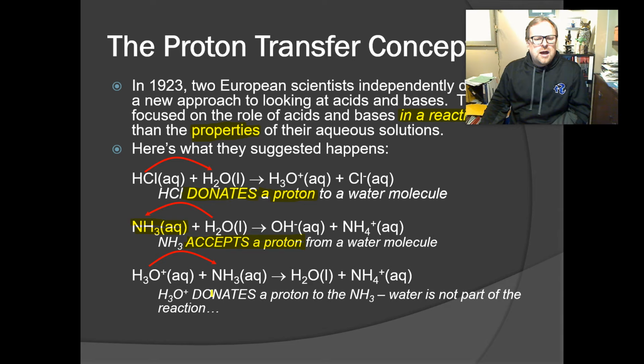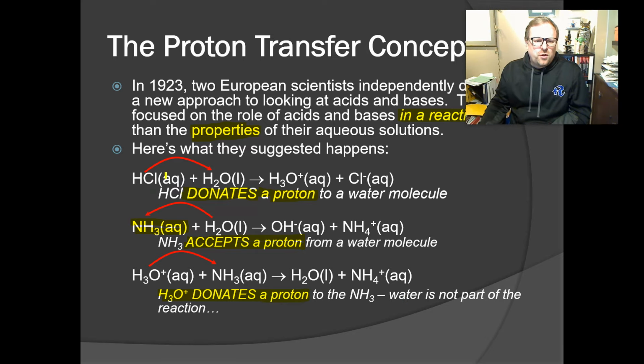What's really interesting though, look at ammonia here. It is acting as a base. It's also acting as a base here. So we've got the solution we created up here and the solution we created here, and we're mixing them together. We've got our hydronium ions and our ammonia, and the hydronium is donating a proton, there we go, to the ammonia, and water is not part of the reaction.